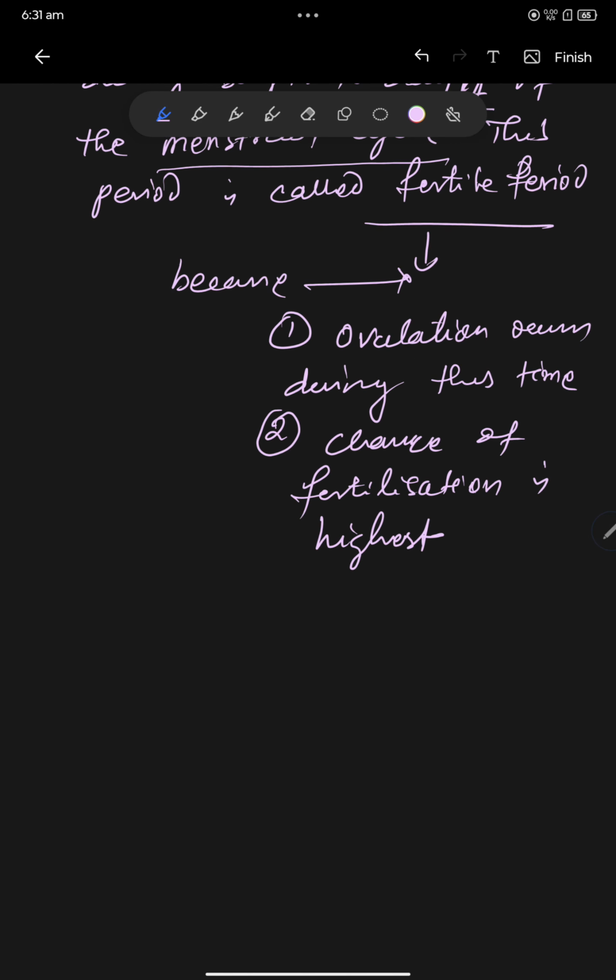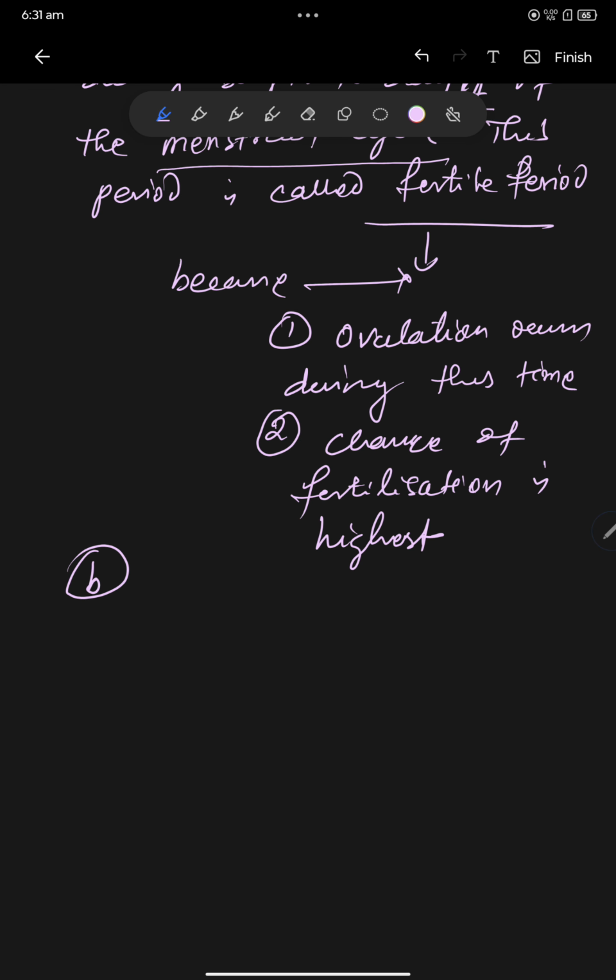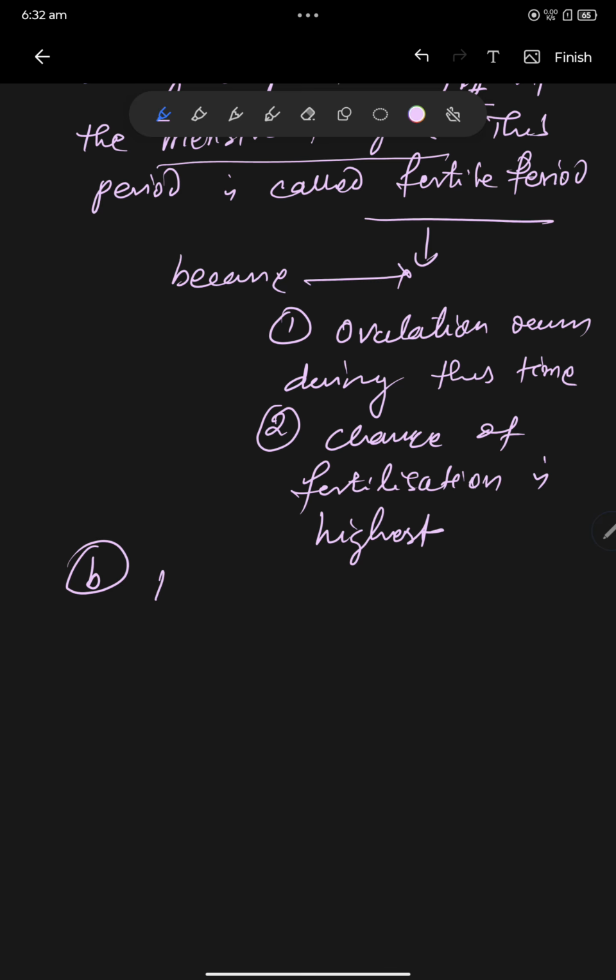Then the next one is withdrawal or coitus interruptus.